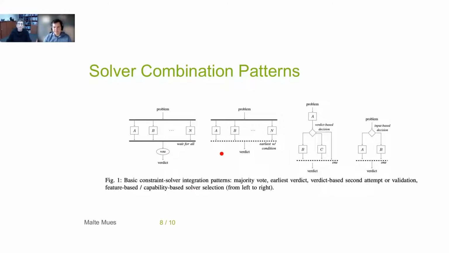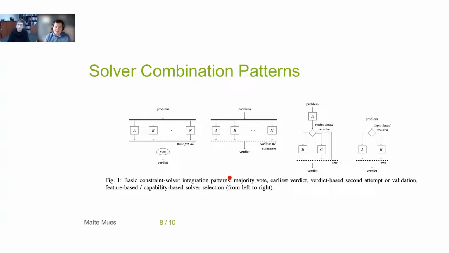The second pattern is called the earliest verdict attempt. It's often recommended in literature, so you just take all available SMT solvers, then you start them all in parallel, and you just take the first returning SMT solver as the final verdict, and it's supposed to be way more performant in terms of it solves more problems faster, but you have to invest more CPU time to do that.